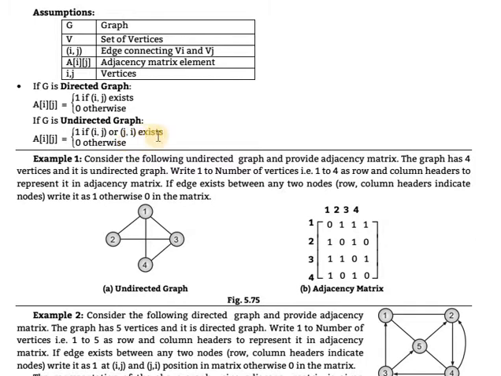Since it is an undirected graph, no direction is created between the two vertices, so two possibilities exist: I to J or J to I. In a directed graph, only one direction is created, so 1 is written only for I to J. For the undirected graph, write it in both places. Clear? That is how 1 and 0 are written.